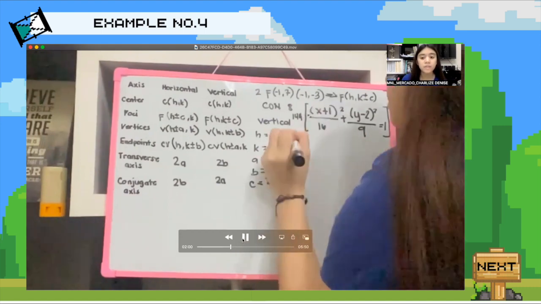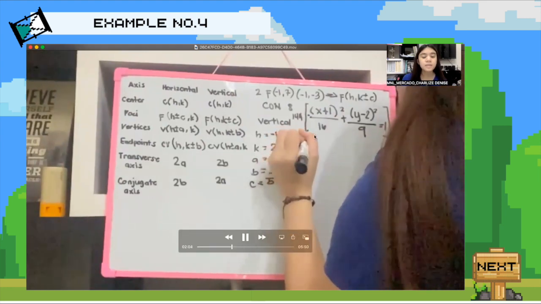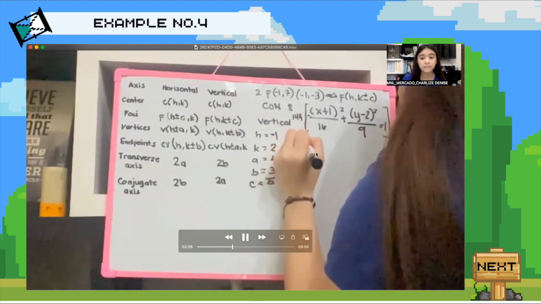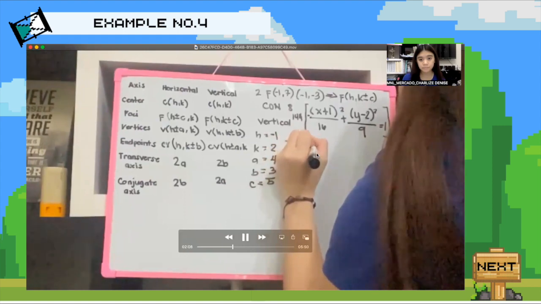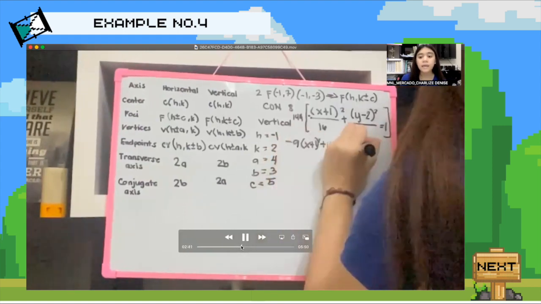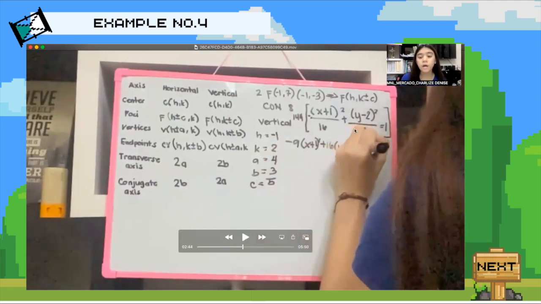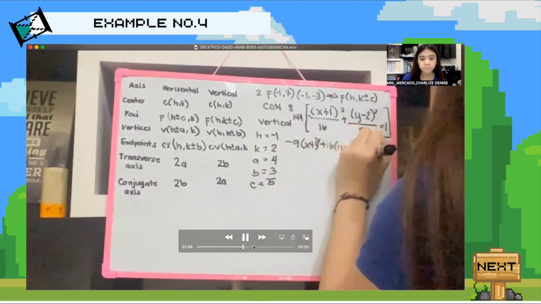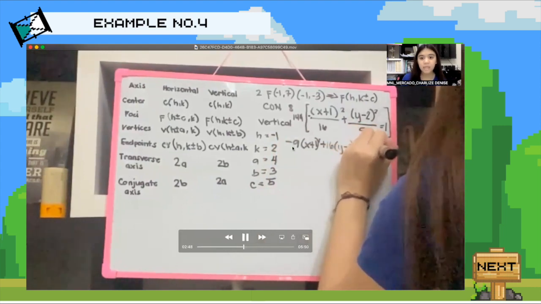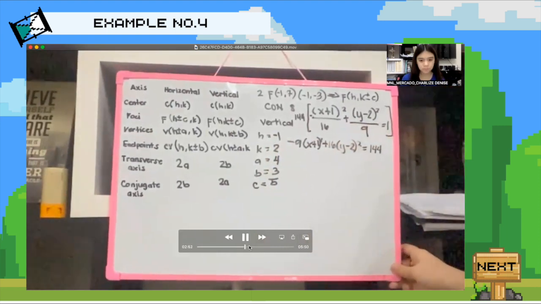So 144 divided by negative 16 is equal to negative 9. And 144 divided by 9 is 16. And 144 times 1 is 144.